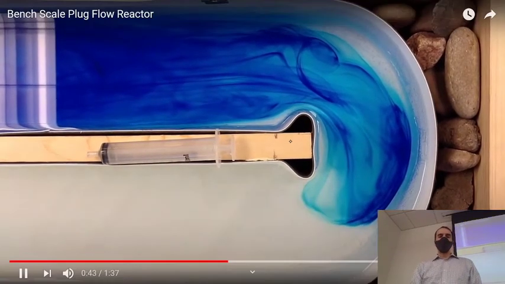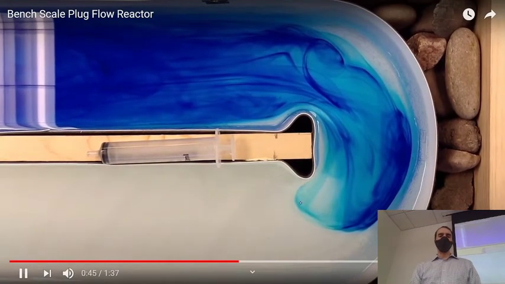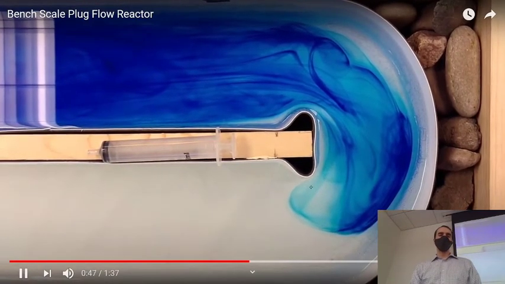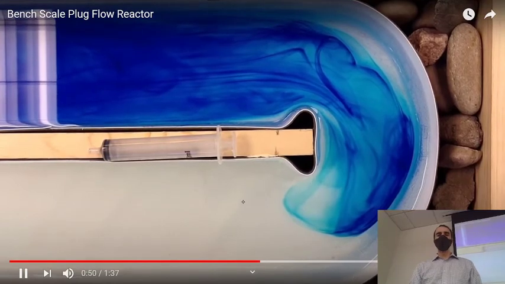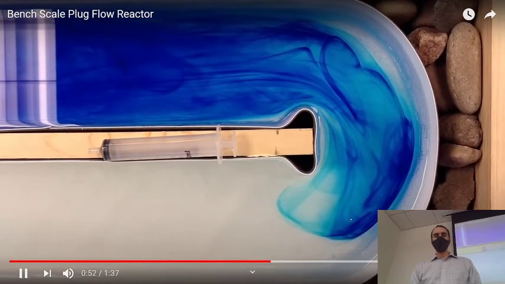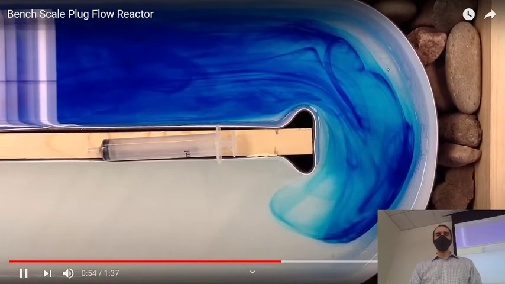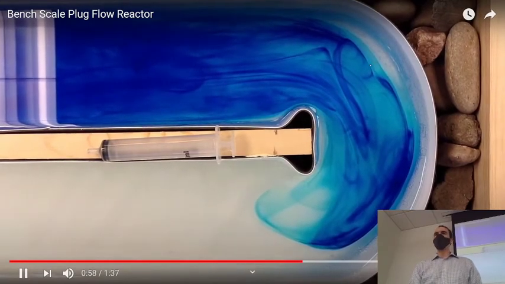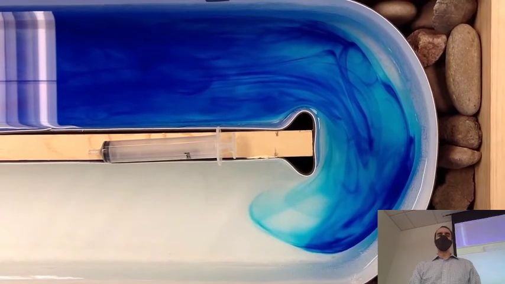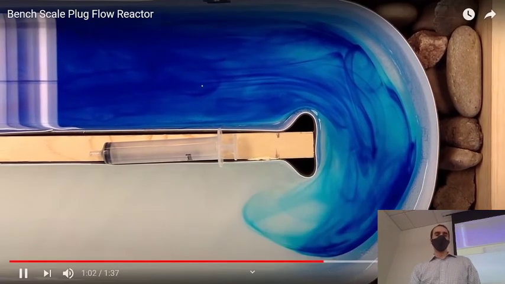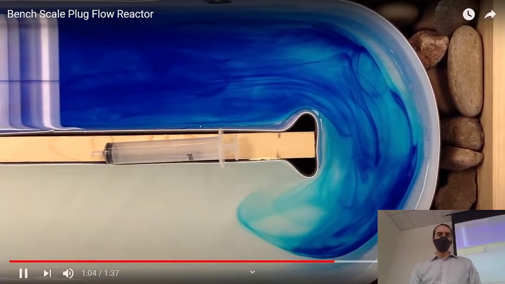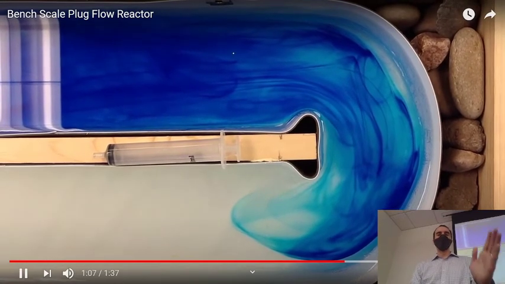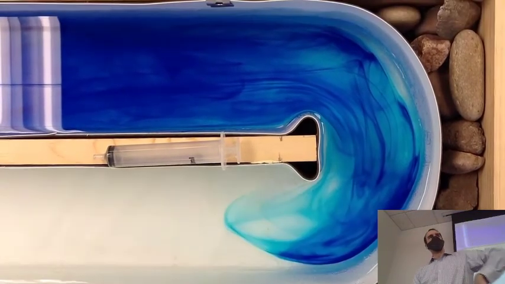But you can see here, we've got spots where some of the concentration of this dye is leading ahead. Some of it's pooling up in a higher concentrated spot over here. There might be some spots where it just looks like it's not even been mixed at all. Whereas an ideal plug flow reactor would have uniform concentration throughout here, and then that would go all the way through.